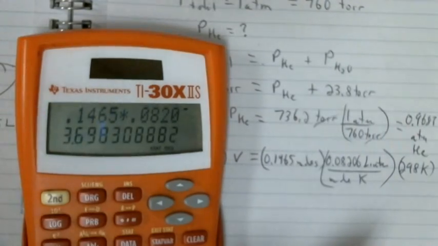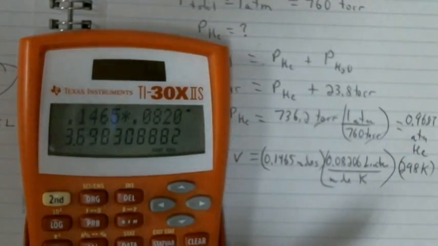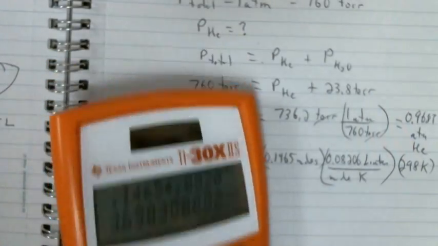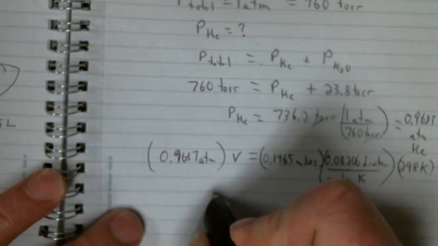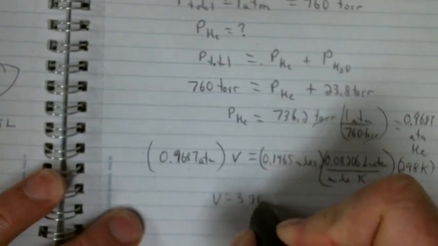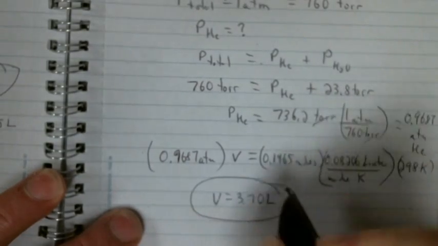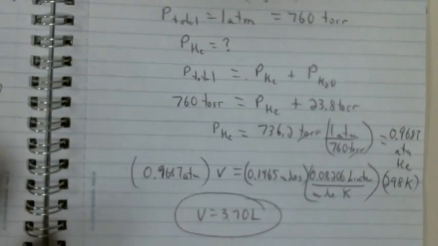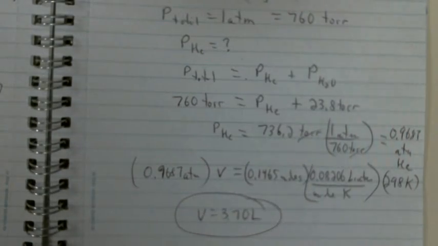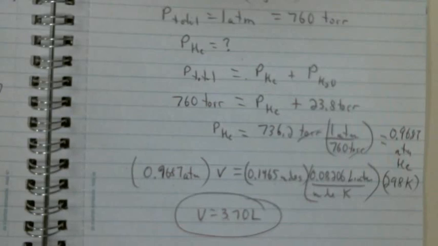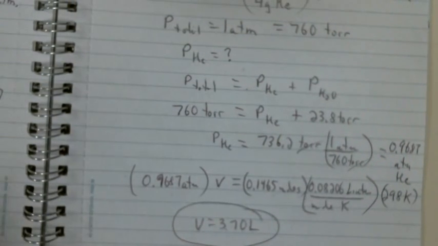And I get 3.6, well, actually that rounds to 3.70, doesn't it? Okay, volume is 3.70 liters. All right, hopefully that one will help with the lab, adjusting for the vapor pressure of water. All right, thanks everyone.